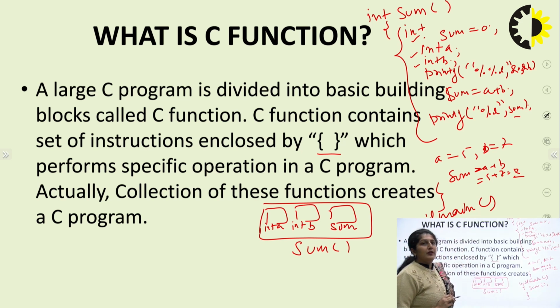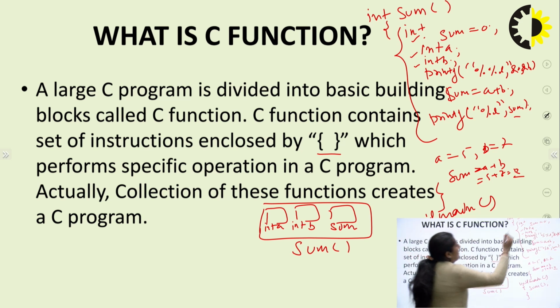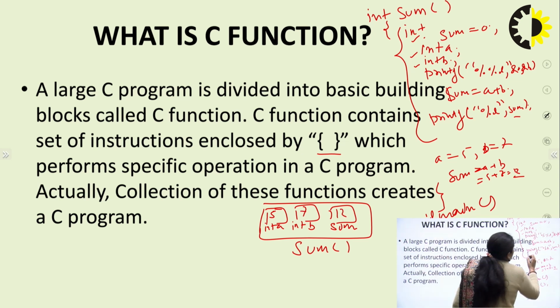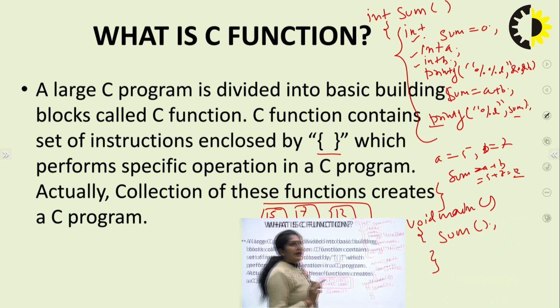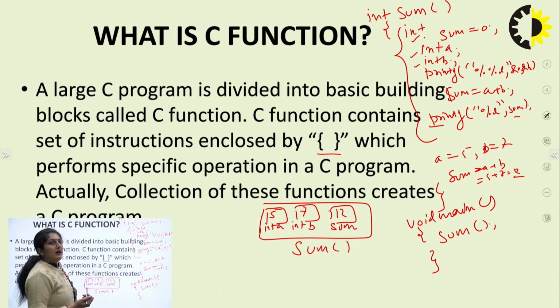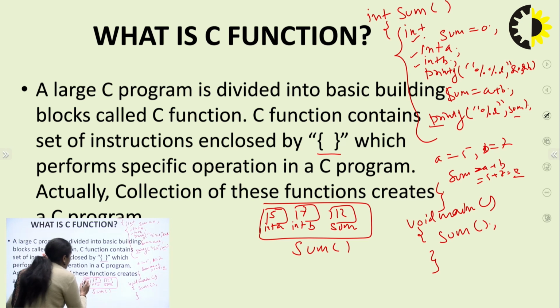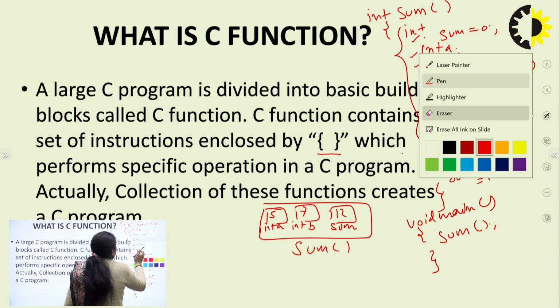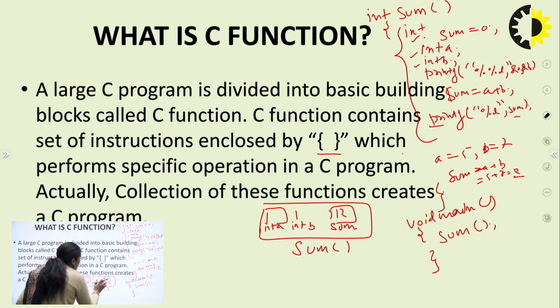Three locations will be stored. Now when we execute sum, the values 5 and 7 are taken, and sum will be 12. When printf is done and control comes out of the function, the values are removed from memory.